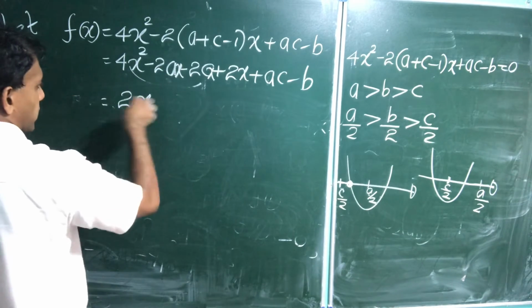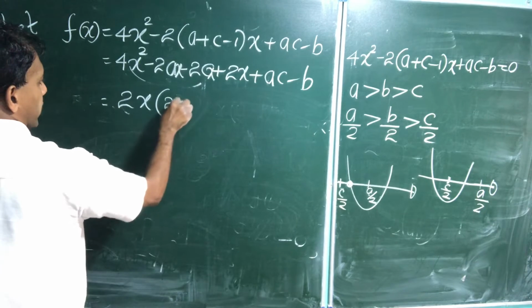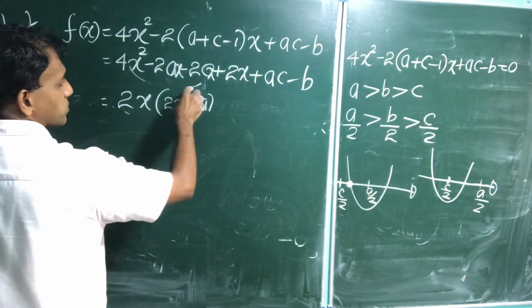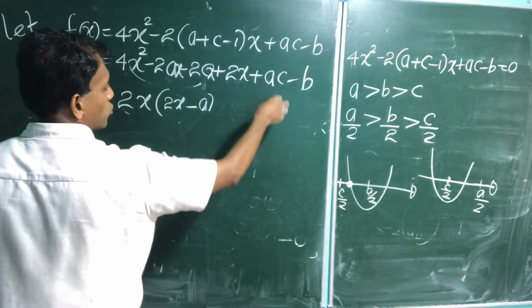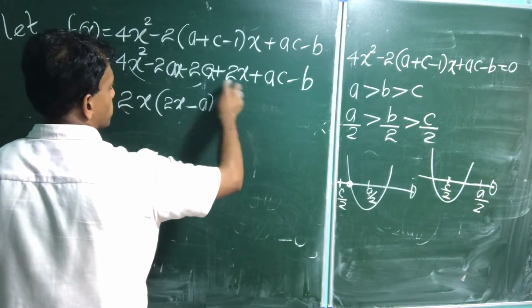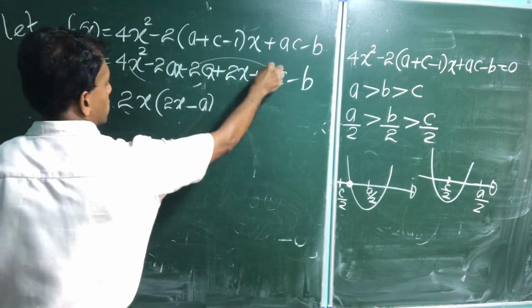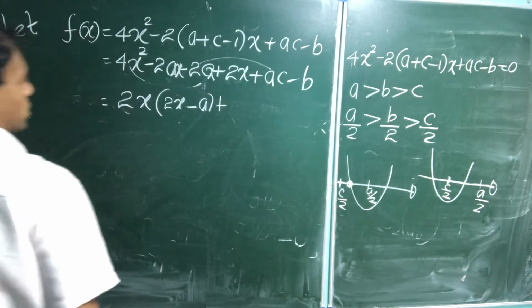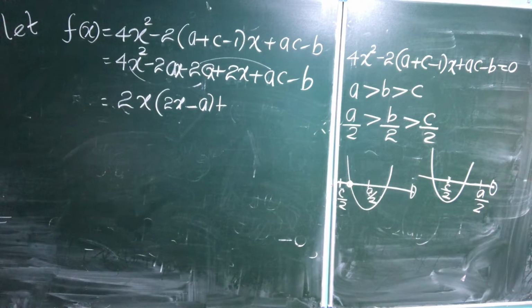Take the 2x out, 2x minus a, then minus b, ac, if I take c out, it should come to the factorization form, 2x minus a, 2x minus c.